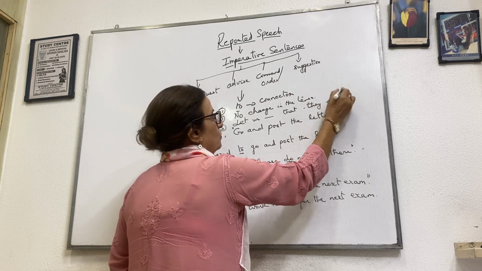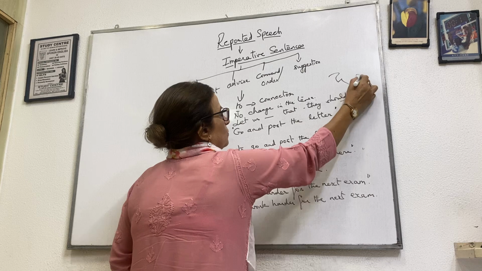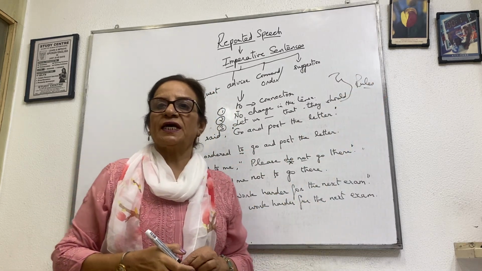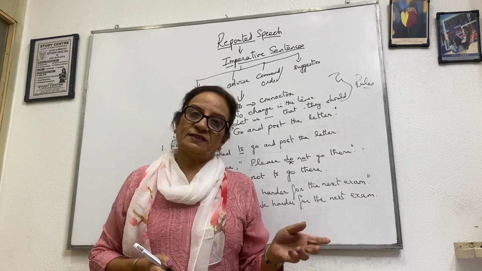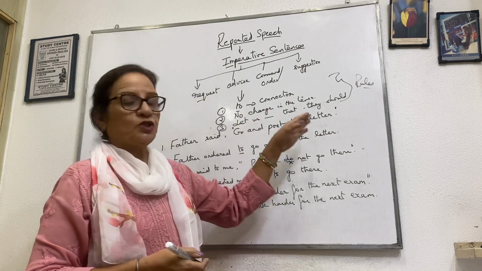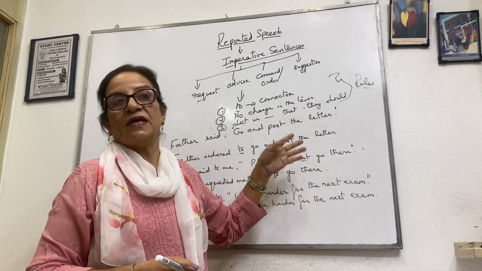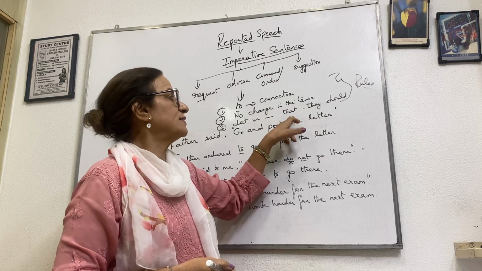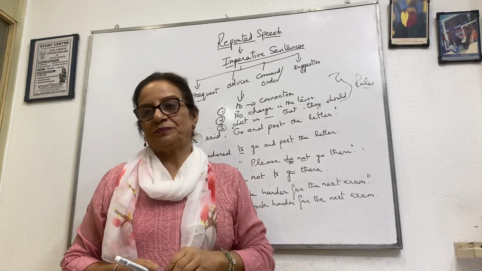Note down these three rules. These are the three rules which we follow while changing direct indirect imperative sentences. First is connector is "to". Second is no change in the tense, and third is if "let" is followed with "us", then we use "that" as a connector and "they should". Simple.